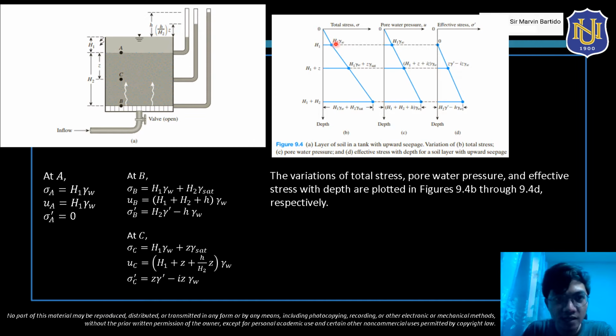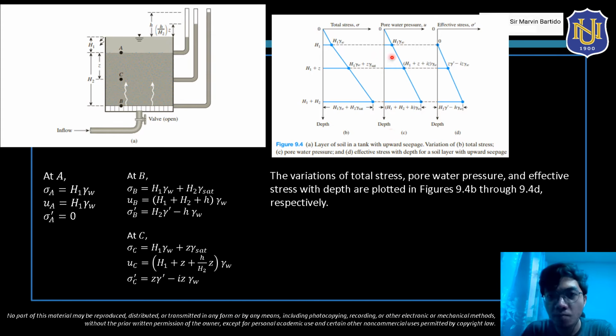At point C, it is H1 gamma water plus Z gamma sat. For point B, it is H sub 1 times gamma water plus H sub 2 gamma sat. When you plot that, class, connect it by a straight line from point to point.